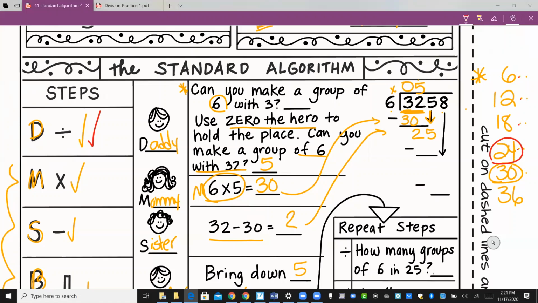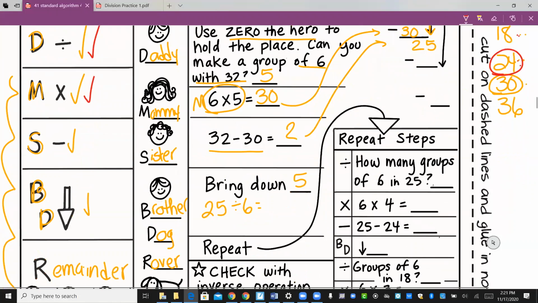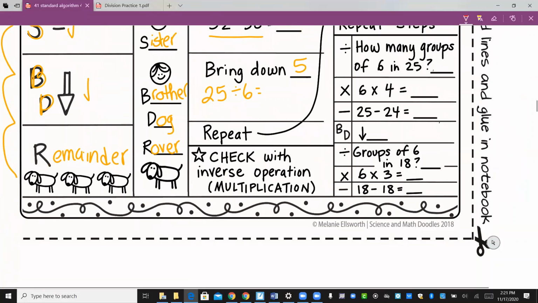So I'm going to stop at 24. That's 1, 2, 3, 4 groups that I made out of 6. All right, now I'm going to multiply. I'm going to say 4 times 6 because I'm repeating each step as we're going. So how many groups did we make? We made 4 groups, and 6 times 4 is 24.